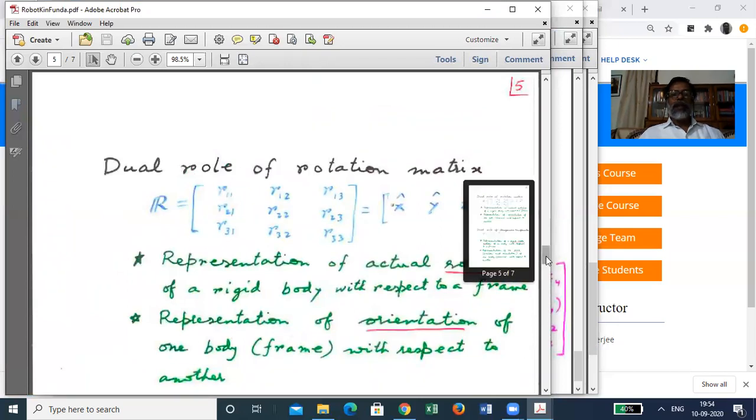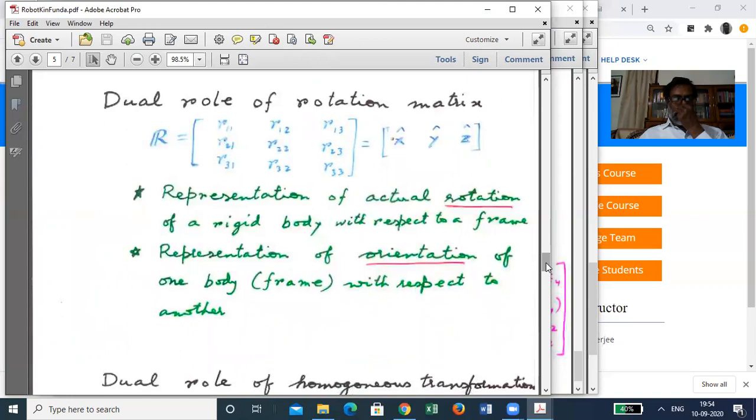As we do that, just make note of one interesting feature. A rotation matrix, a set of 9 numbers organized in this manner, actually plays two parallel roles, one dynamic, one static. This matrix you can multiply with a vector to determine where this point, the position vector of which is this vector, will go through this rotation.